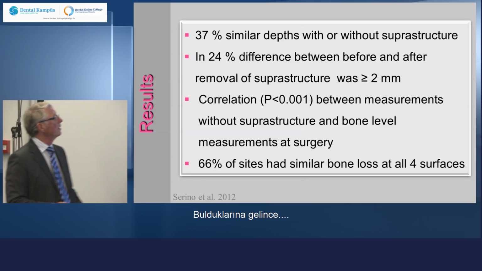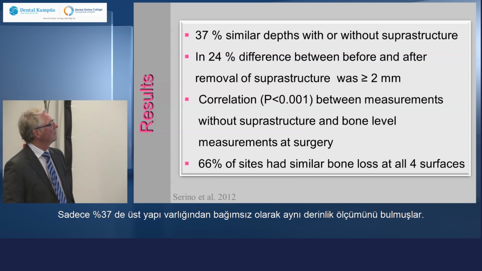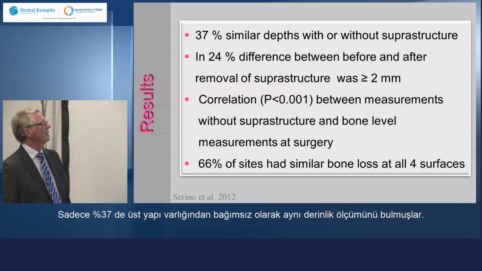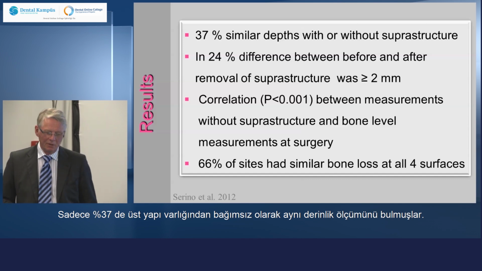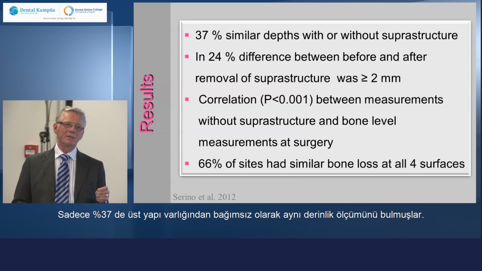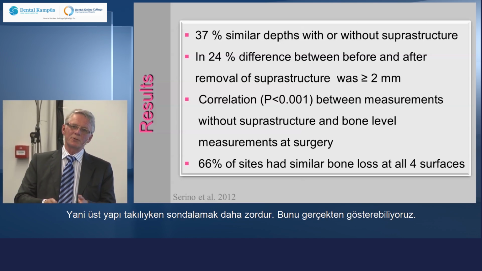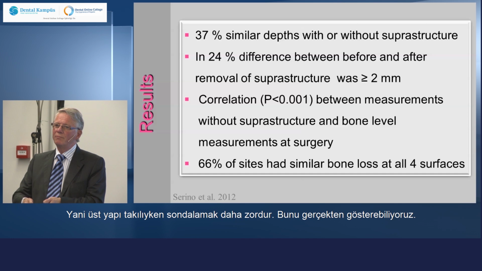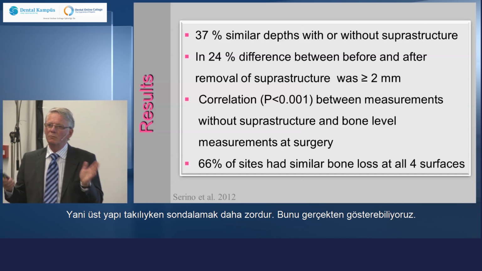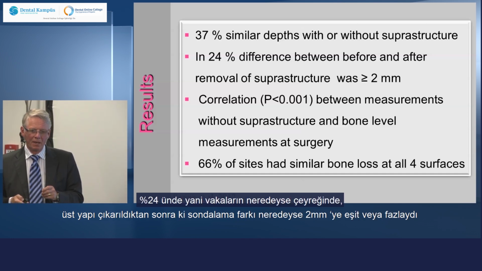What they found was that in only 37% you had similar depth with and without the superstructure in place. So when we have the superstructure, it is more difficult to probe. This is really what we can demonstrate.